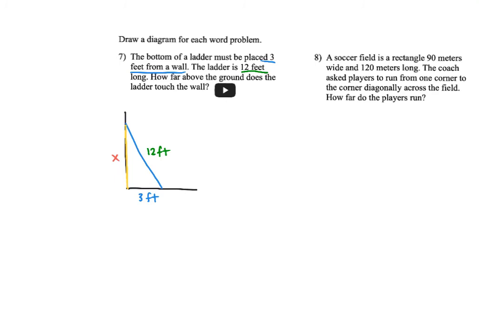which is a leg. So using Pythagorean Theorem, it's going to be leg squared plus leg squared, so x squared plus 3 squared equals the hypotenuse squared. 3 squared is 9, and 12 squared is 144. And then to solve, we're going to subtract 9.